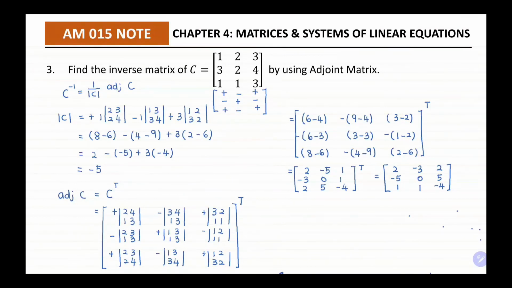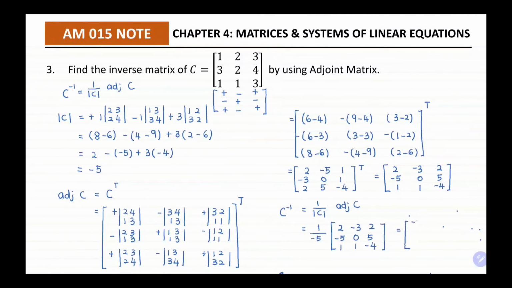Okay, now we want to find C inverse. So 1 over determinant for C times adjoint C. So determinant for C is negative 5 and our adjoint is 2, negative 3, 2, negative 5, 0, 5, 1, 1, negative 4. Don't forget to expand, untuk darab masuk balik.